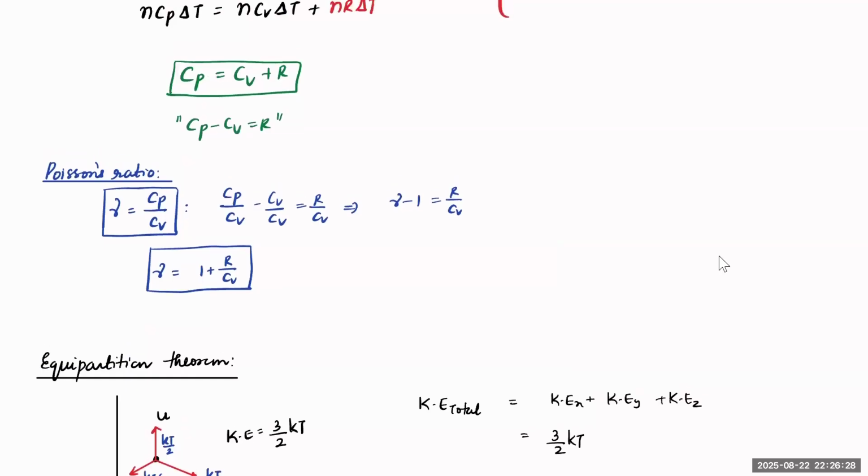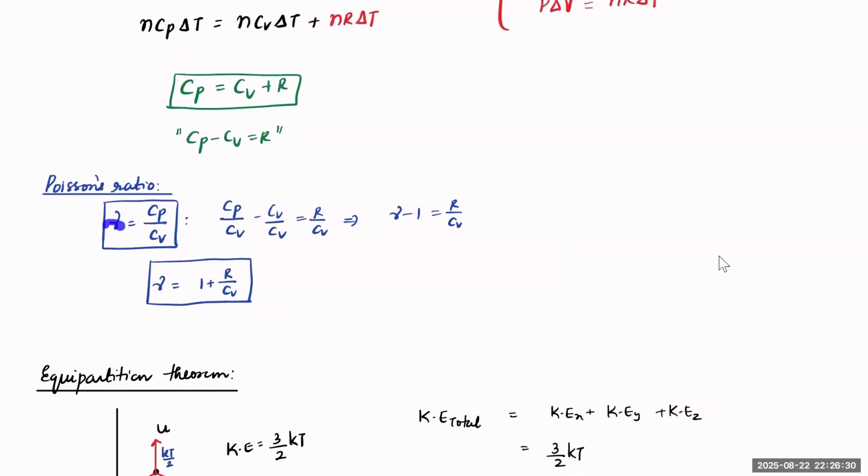Next, what is Poisson's ratio? Poisson's ratio is defined as gamma, which is equal to Cp by Cv. Cp is the heat capacity at constant pressure. Cv is the heat capacity at constant volume. So the ratio of these two is what we call Poisson's ratio.